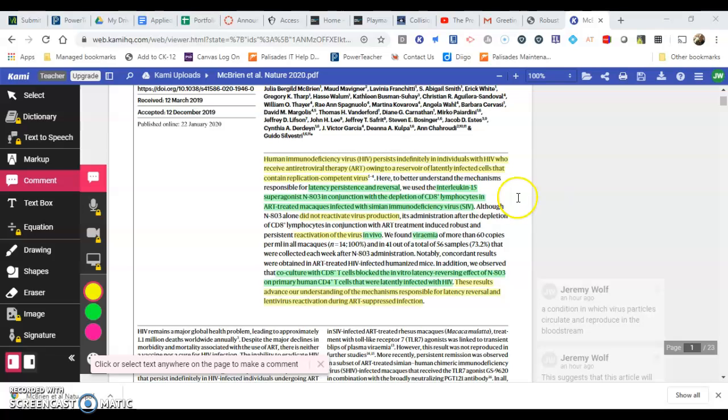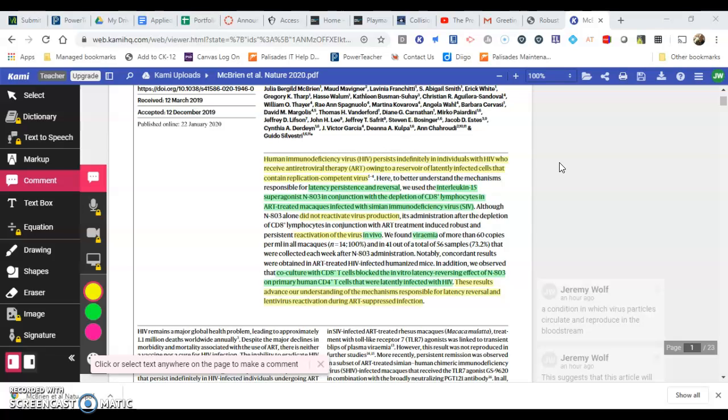So: human immunodeficiency virus, HIV, persists indefinitely in individuals with HIV who receive antiretroviral therapy owing to a reservoir of latently infected cells that contain replication-competent virus. I don't necessarily know what all those words mean, but if I reread that in a way that can help me to understand it, then it turns out better.